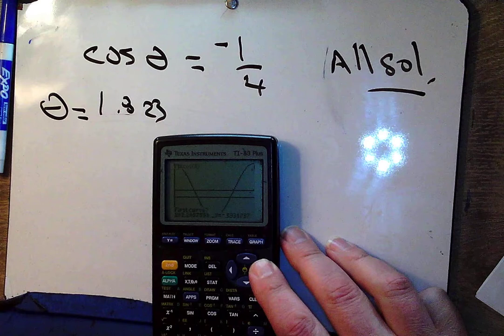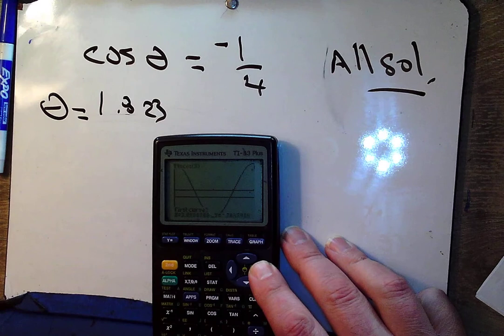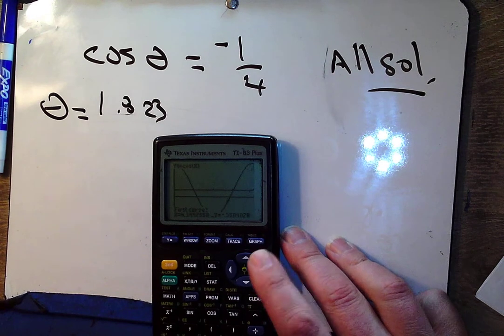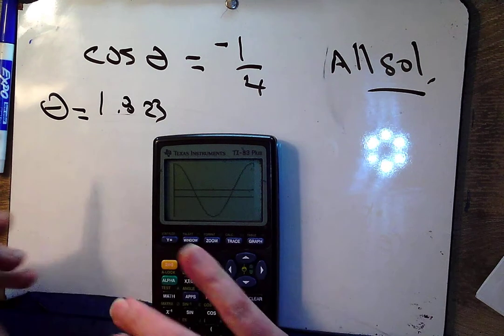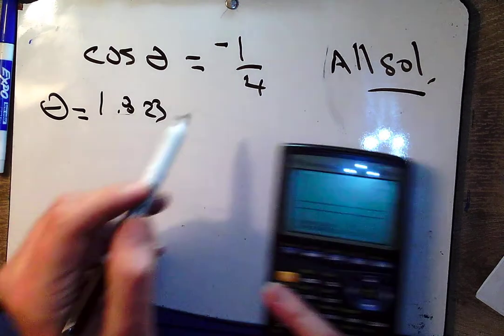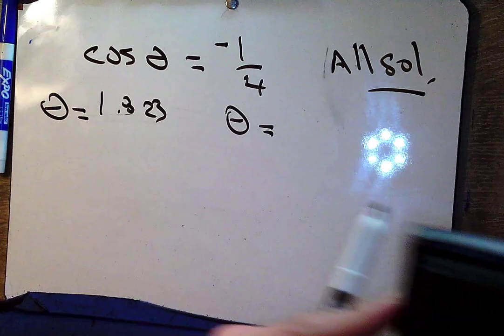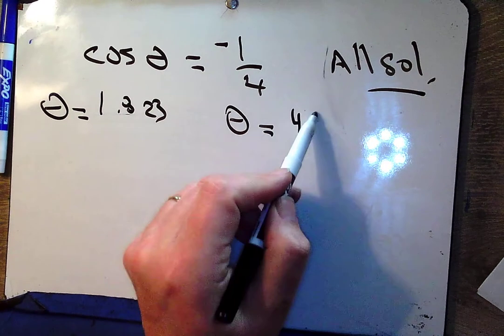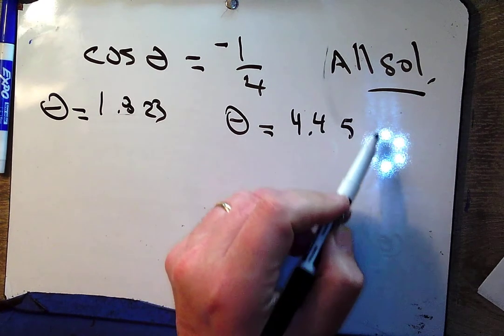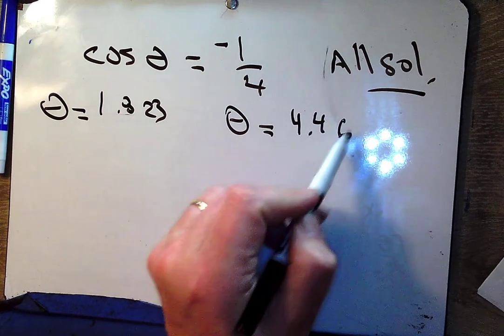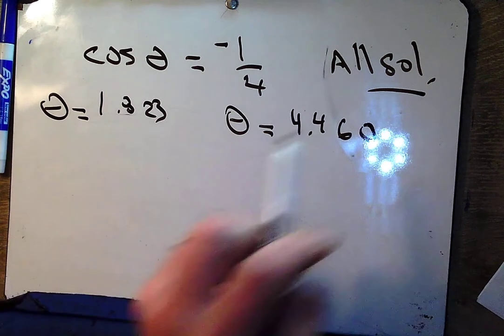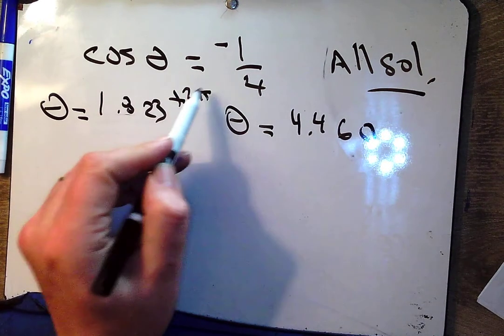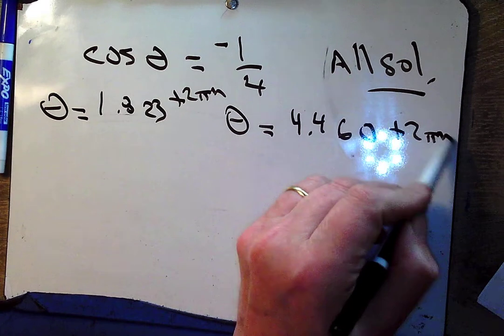Bring your cursor close to that point of intersection, and enter, enter, enter. And so I get theta equals 4.4597. Okay, and we wanted all solutions, so plus 2 pi n, plus 2 pi n.